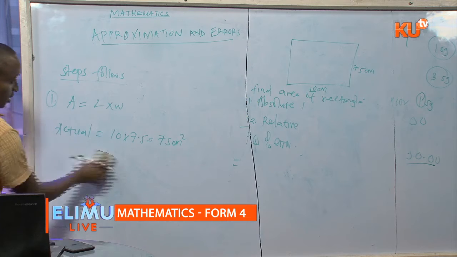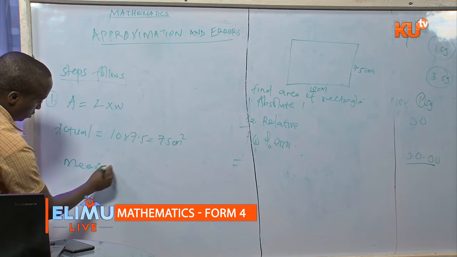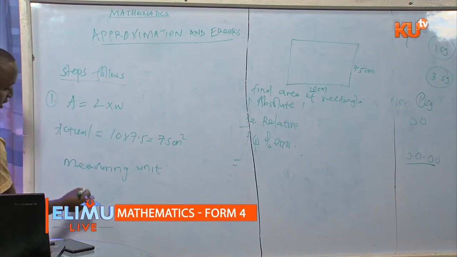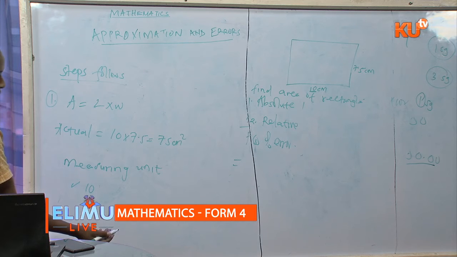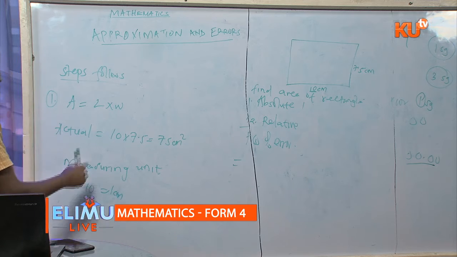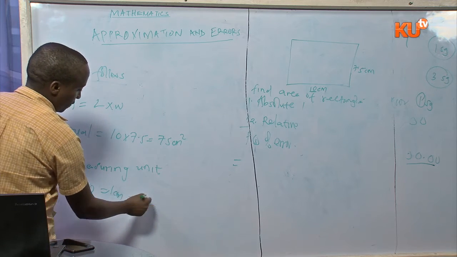To be very simple, for this one the measuring unit is 1 centimeter. And because we have the upper bound and the lower bound, we divide by 2. You get 0.5.